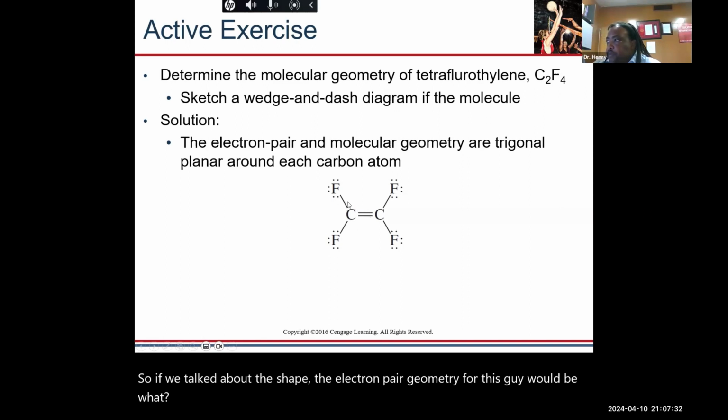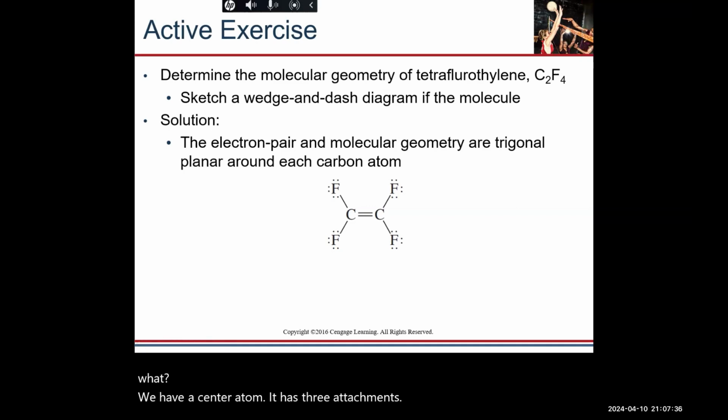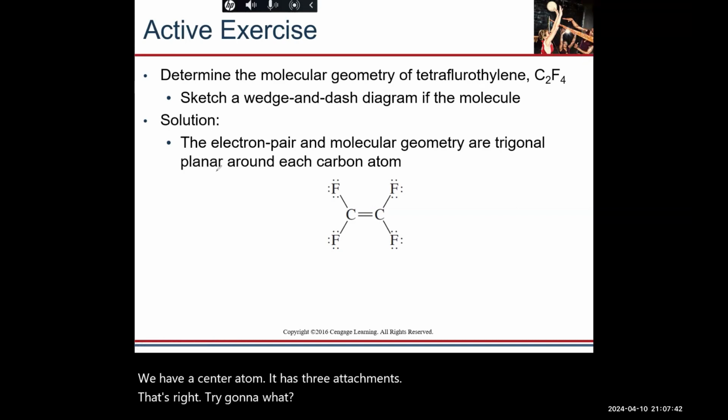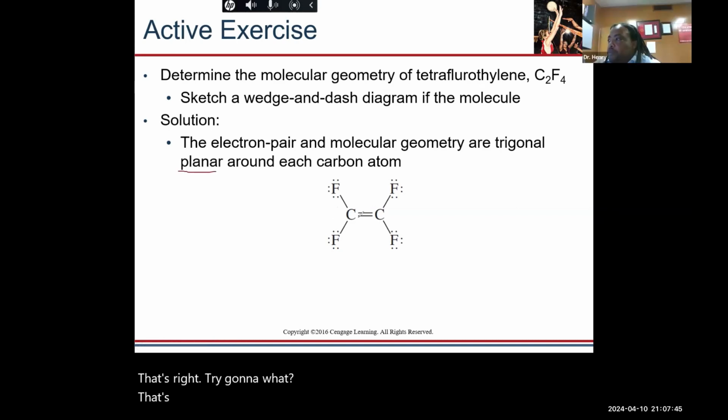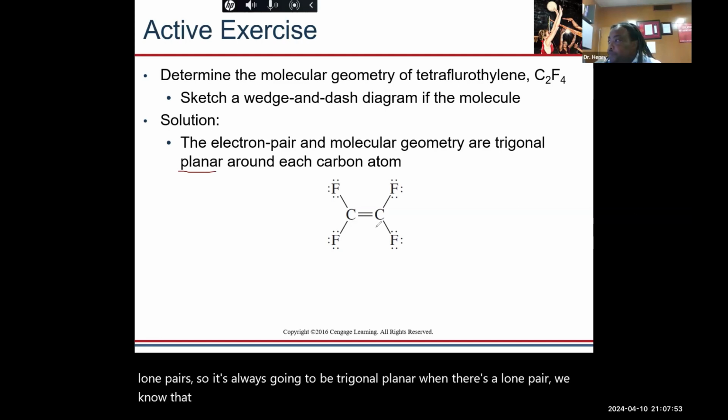We have a center atom. It has three attachments. Trigonal. That's right. Trigonal what? Planar. That's right, trigonal planar. Because there are three attachments and no lone pairs, it's always going to be trigonal planar. When there's a lone pair, we know that that's trigonal pyramidal.